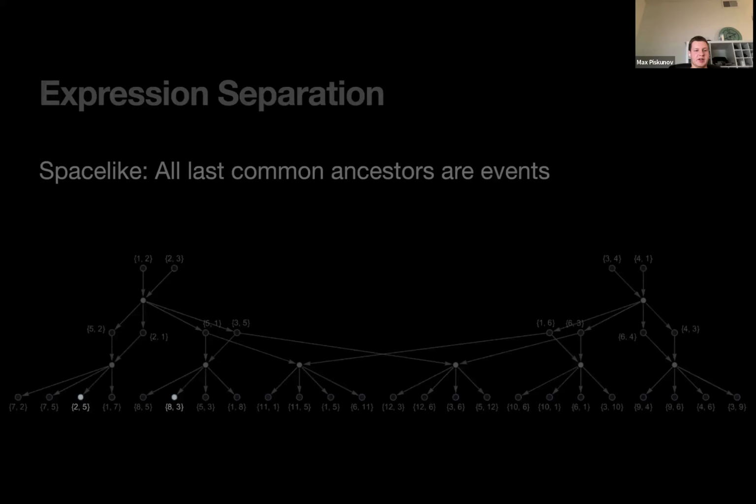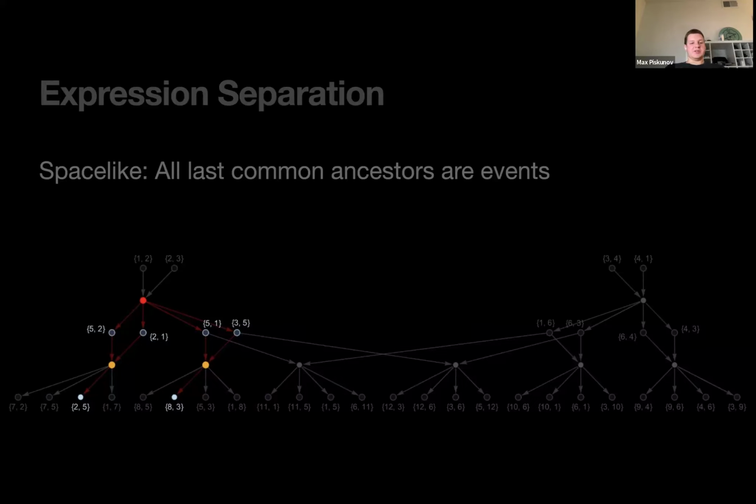Then this pair, 2, 5 and 8, 3, are space-like separated. And the way to see that is that all of their last common ancestors are events. So this is actually a slightly non-trivial statement. Fundamentally, what it means for two expressions to be space-like is that they can appear together in the same state during single-way evolution.